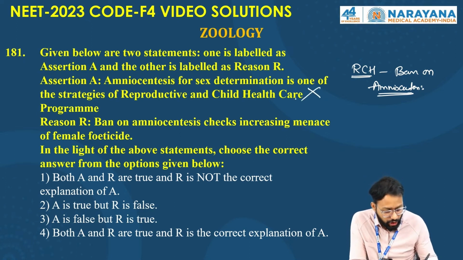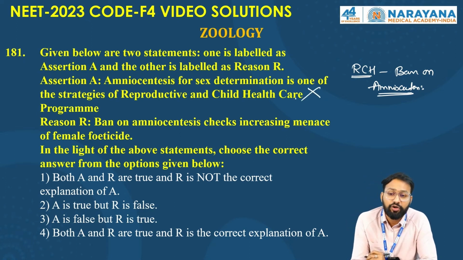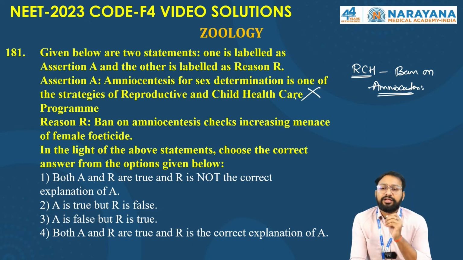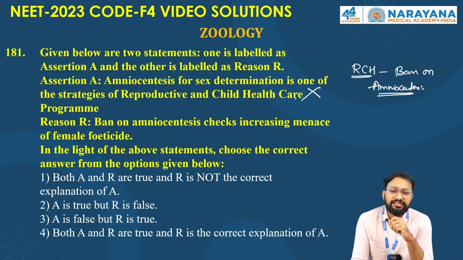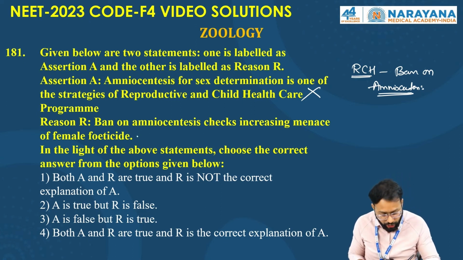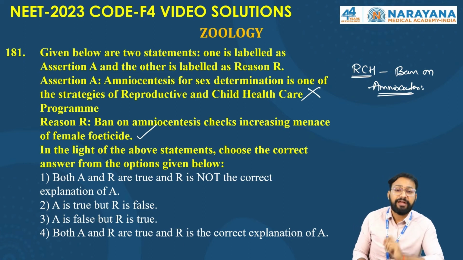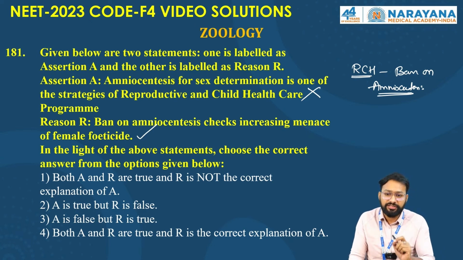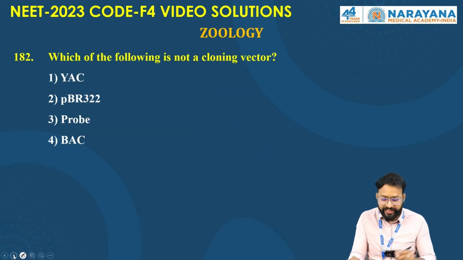So the assertion is wrong. A is false. Reason: ban on amniocentesis checks the increasing menace of female feticide, which is true, right? Because of the ban only, female feticide got prevented. Right? So A false, R true. Third option. Right? Moving to the next question.